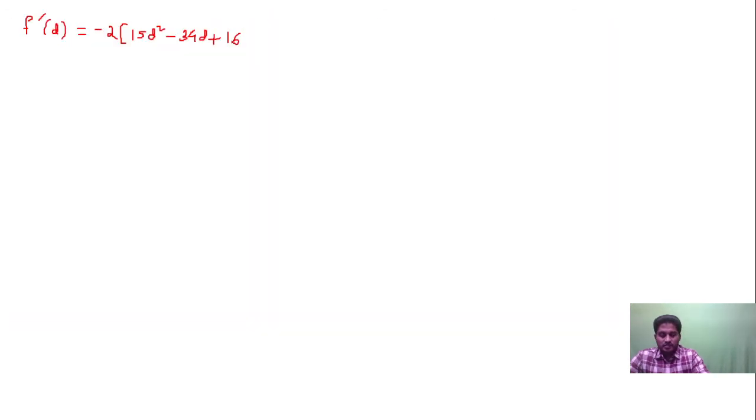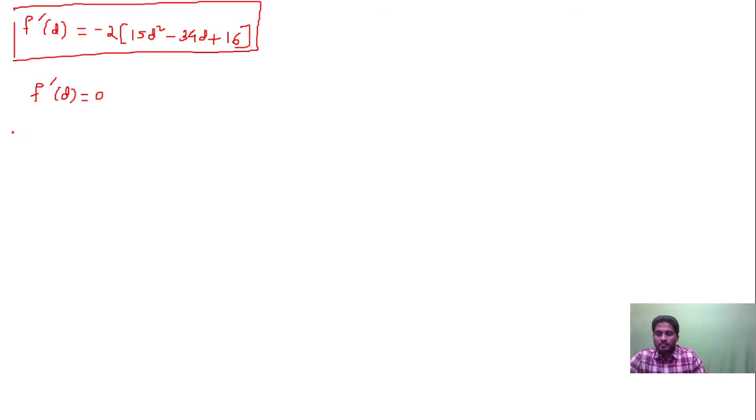Differentiation of 16d is 16, differentiation of 4 will be 0. So this is f dash of d. After finding the first derivative, I'll equate this to 0. f dash of d is equal to 0. So this will be equal to minus 2 into 15d square minus 34d plus 16 is equal to 0. So minus 2, you shift on the right side, it will be 0.